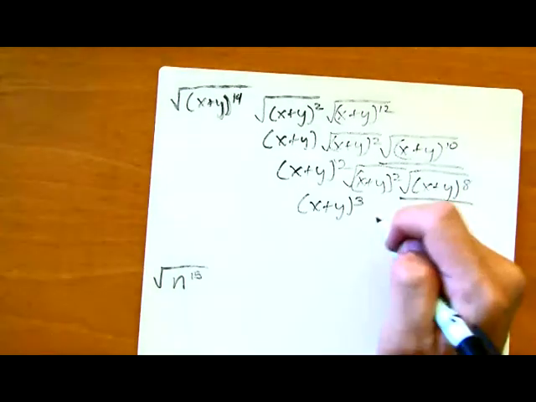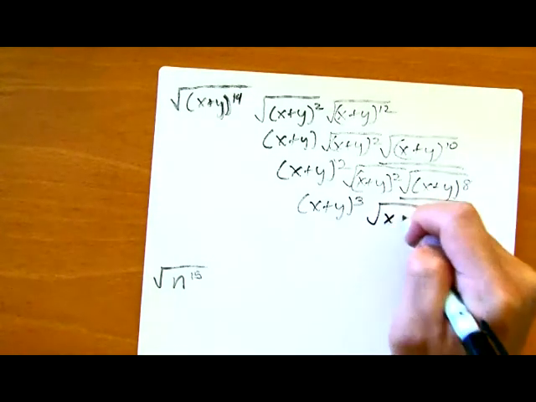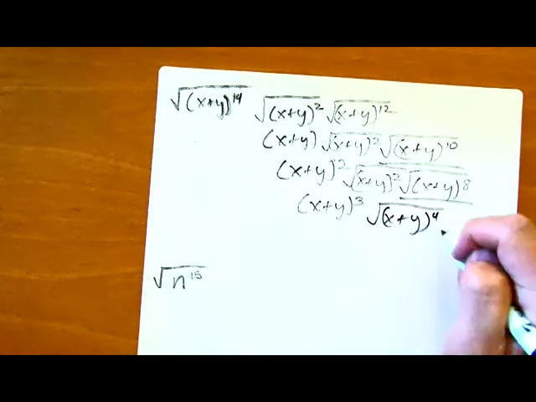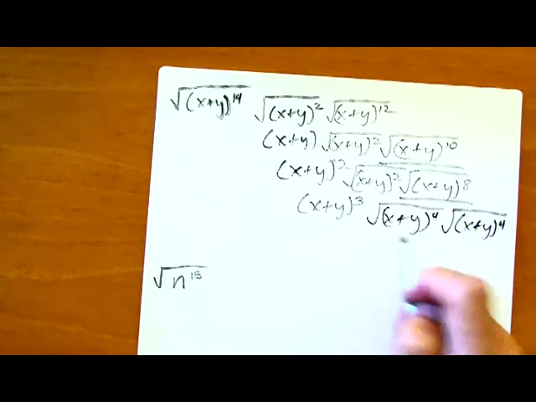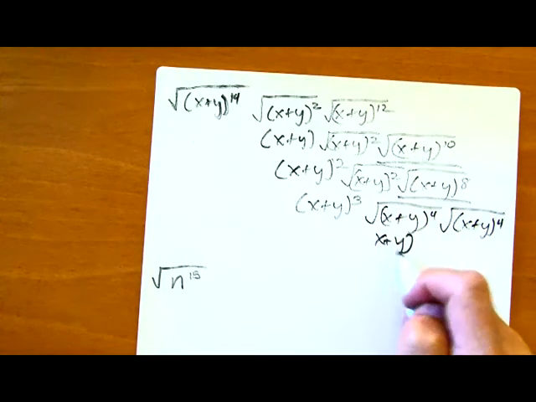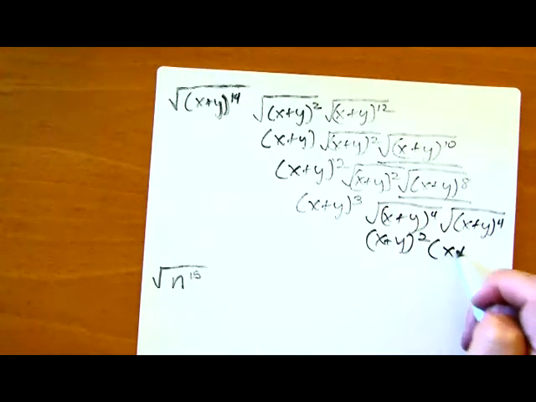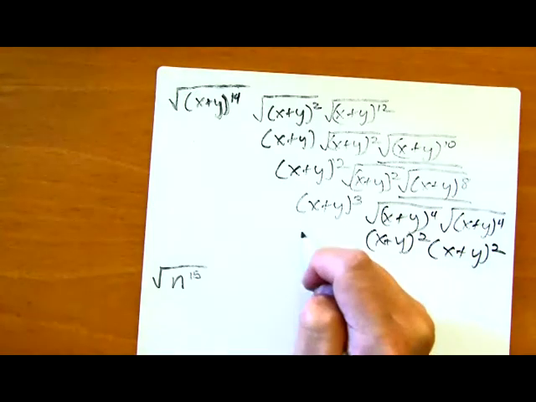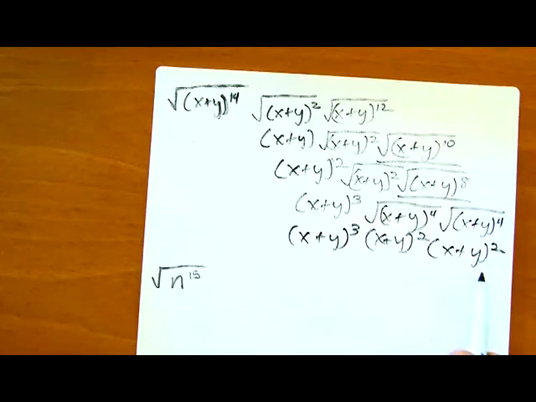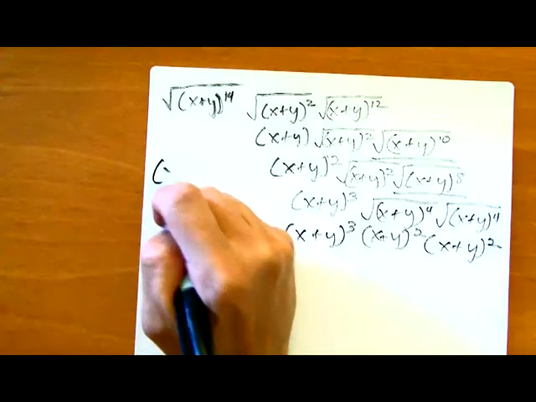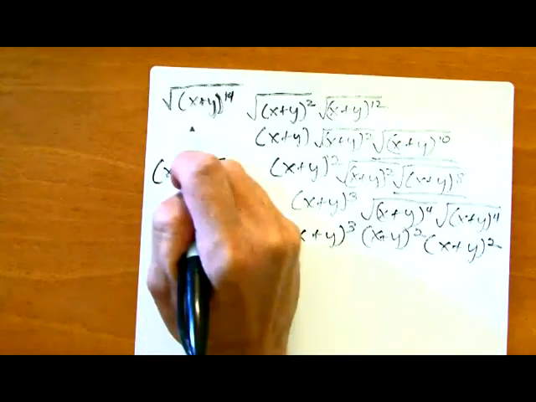Oh, wait. x plus y to the 4th. x plus y to the 4th. This would be x plus y to the second. This would be x plus y to the second. This would be x plus y to the 3rd still. So all of this would be x plus y to the 7th.